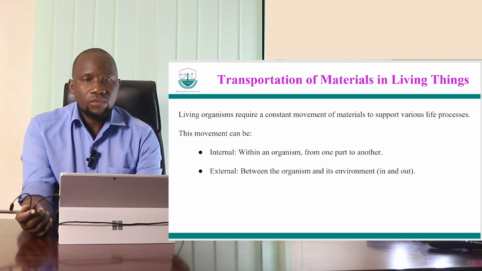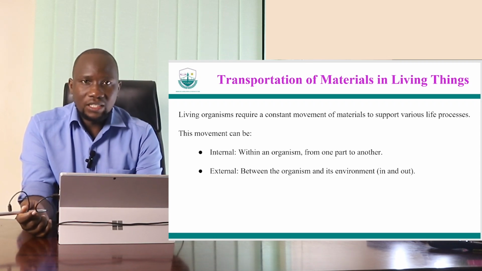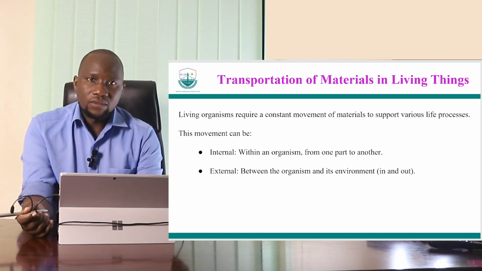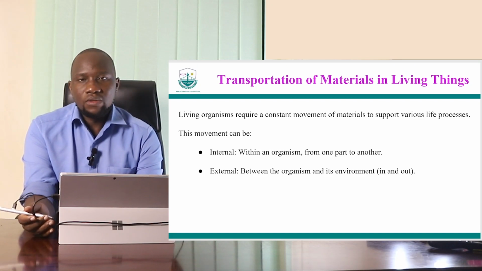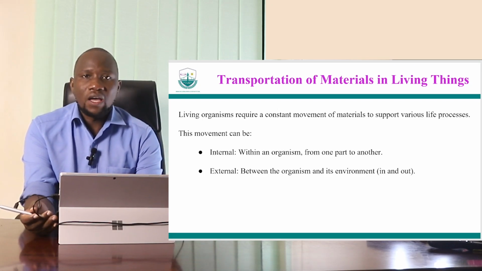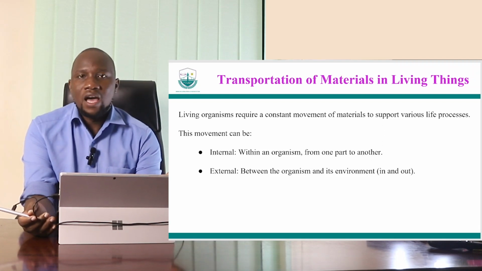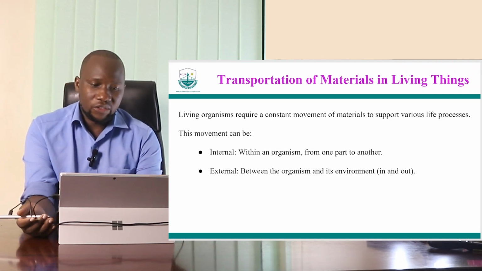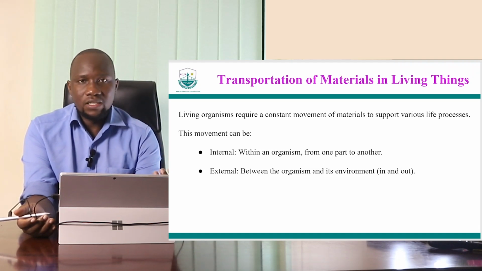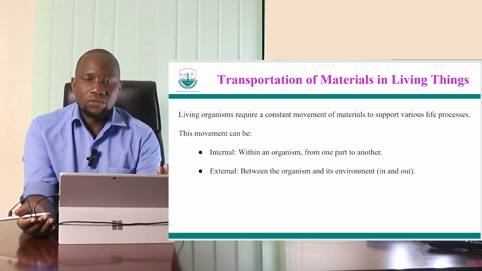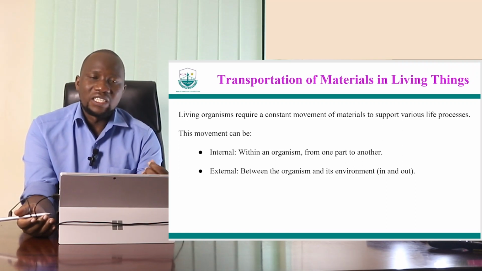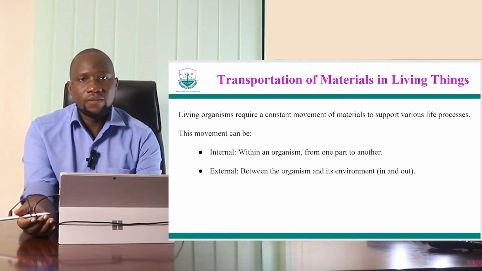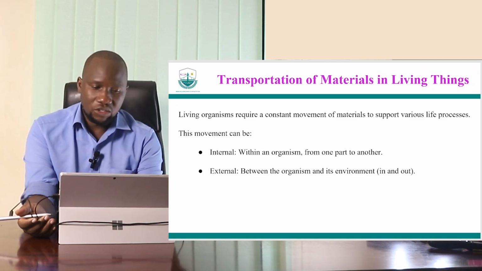So it is important that organisms or living things have the ability to move these waste products out of their bodies. Okay, so we have seen two things: the organisms need certain material from the environment, but they also produce material that needs to be moved away from their bodies into the environment.